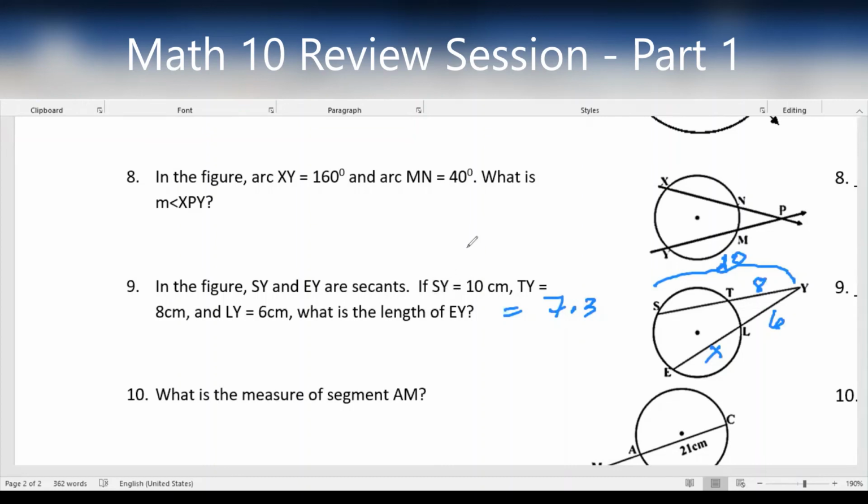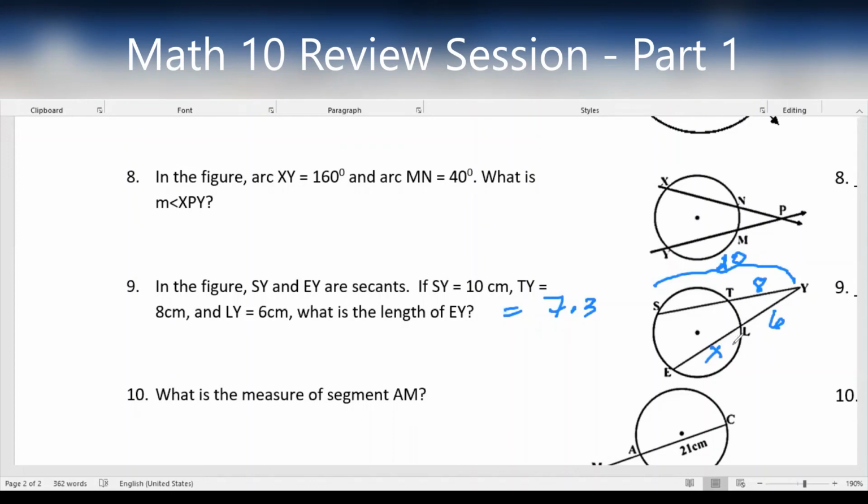Okay, very good, Rosel. Thank you. So, nagulo rin ako. Kala ko hindi ko pa napalitan dito. So, in this copy, okay na to. TY is 8 cm. Tapos si LY is 6. Kasi yung copy na nasa GC parang nabaliktad. Tapos SY, yung the whole line is 10. Tapos we do not know the length of EL. Kaya may X siya.